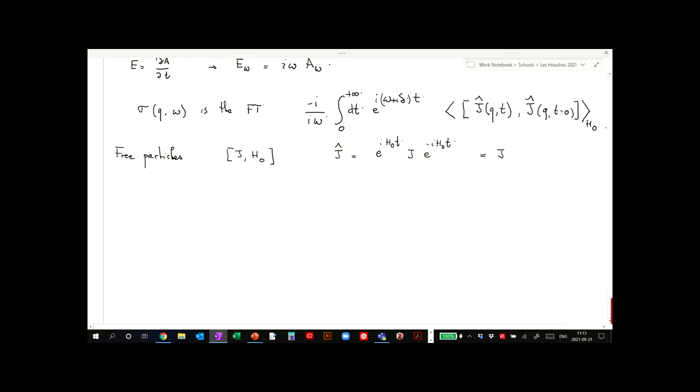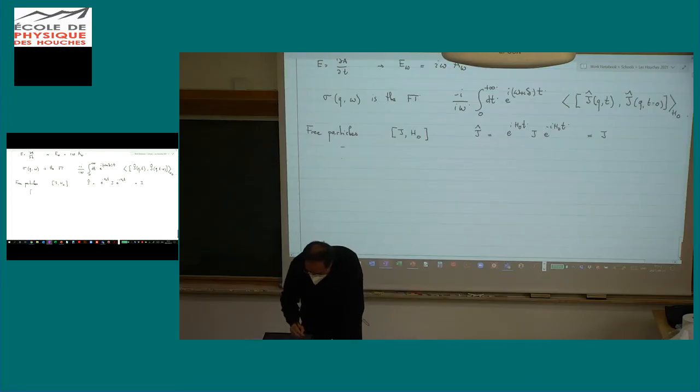Okay, but then it means that my commutator, which was J hat of, let's say, q equals 0 and t, and J hat of q equals 0 and 0, is nothing but the commutator of J of q equals 0 with J of q equals 0.